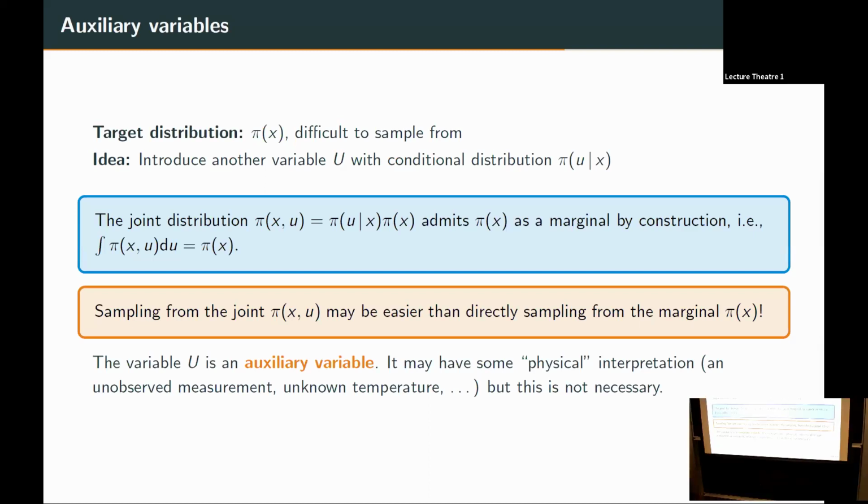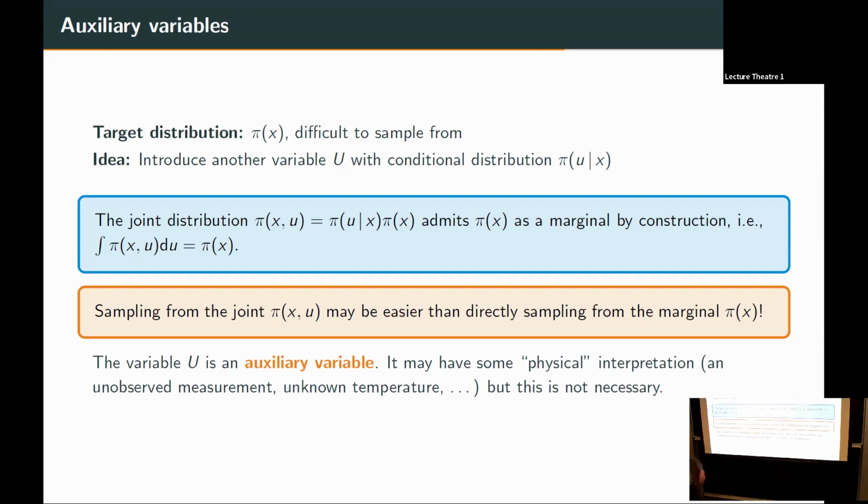But that's not really strictly necessary, and any way in which I can construct such a joint distribution over x and u such that the marginal of the x coordinate coincides with the original target of interest, then I can target this joint distribution, which I will refer to as an extended target, using my Monte Carlo method instead.